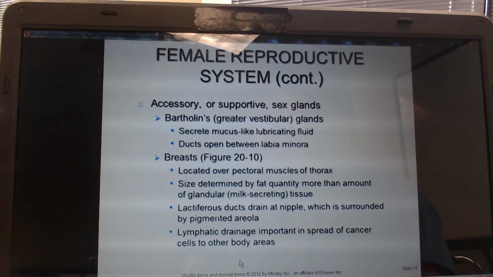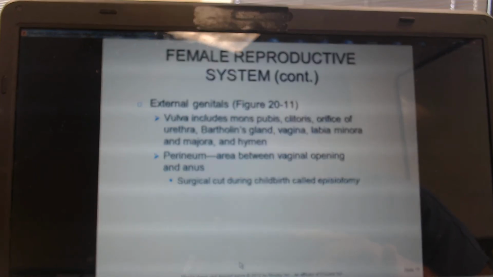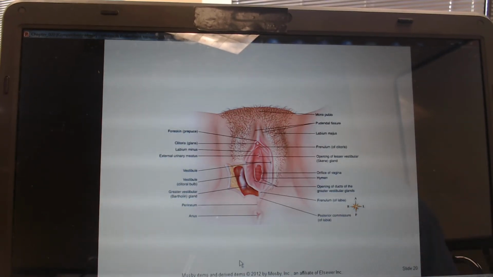In the female reproductive system, there are also some accessory structures like the Bartholin glands. They secrete a mucus-like lubricating fluid, and the ducts are open between the labia minora. This is just another view of the female reproductive structures.